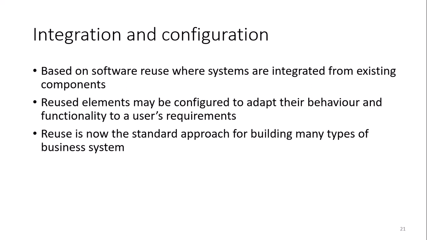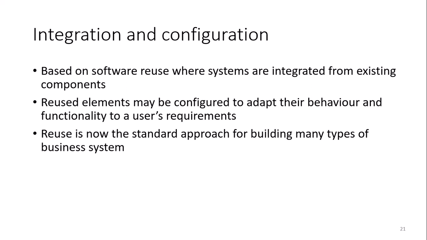Integration and configuration based on software reuse, where systems are integrated from existing components. Reused elements may be configured to adapt their behavior and functionality to user requirements. Reuse is now a standard approach for building many types of business systems. So in integration, we mainly apply the reusing property.